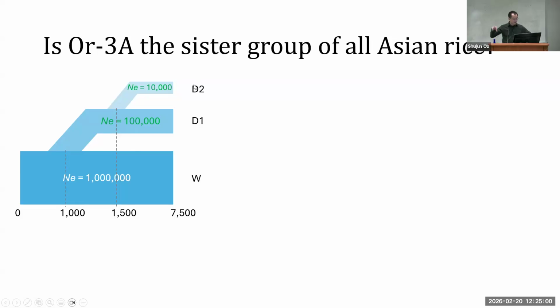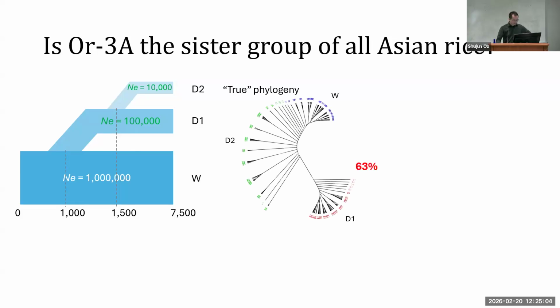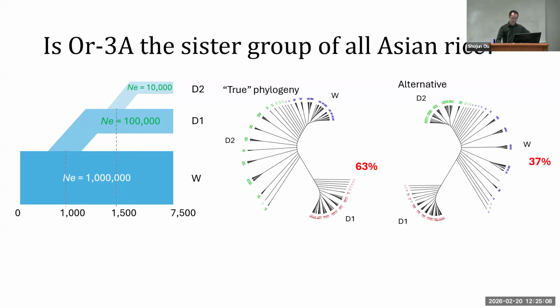Then I sampled this population using SLiM and made a tree. 63% of the trees look like this, and the remaining trees look like this. Both of them have the white rice in the middle, with D1 and D2 closer to the white rice. That means D2 tends to cluster with the white rice, the wild population, same as here.